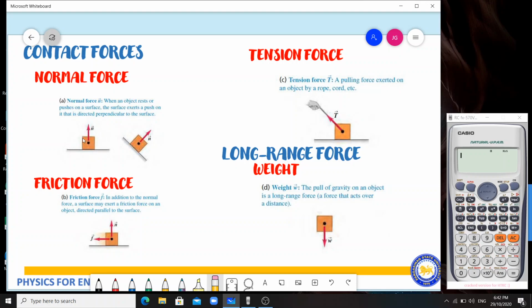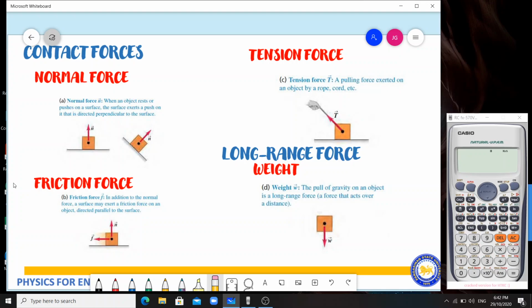For example, if you have an object placed on top of a surface, automatically there will be a normal force acting on it, perpendicular to the surface. When the surface is inclined, the normal force is still perpendicular to the surface.